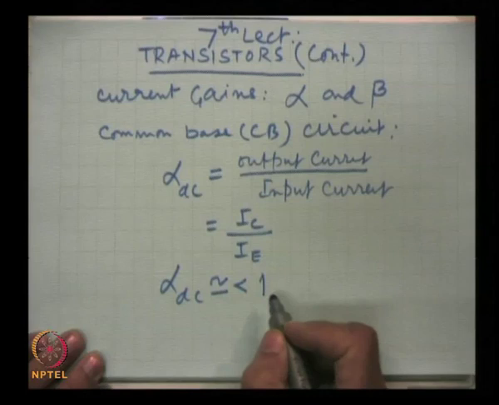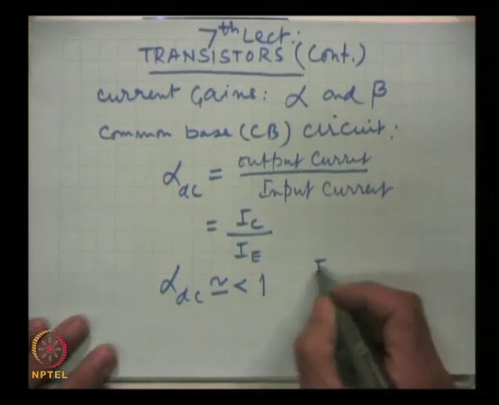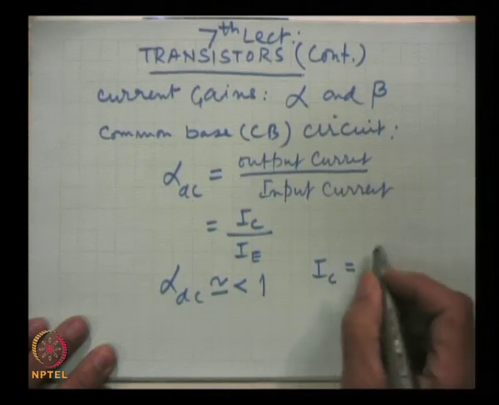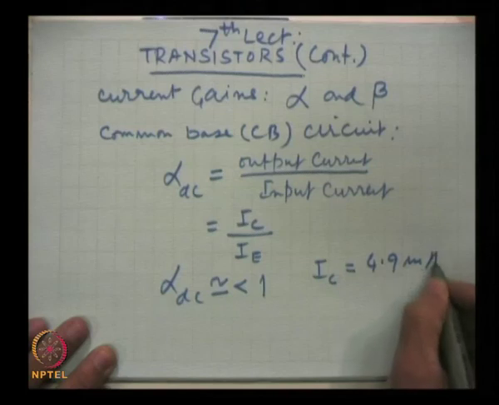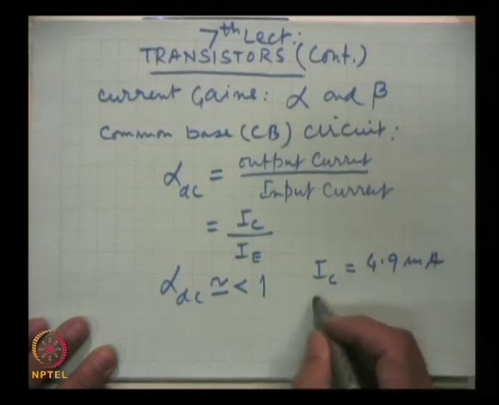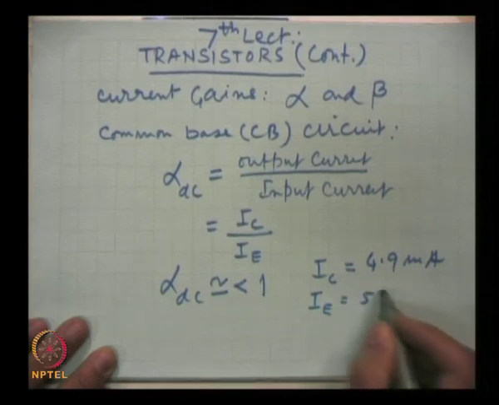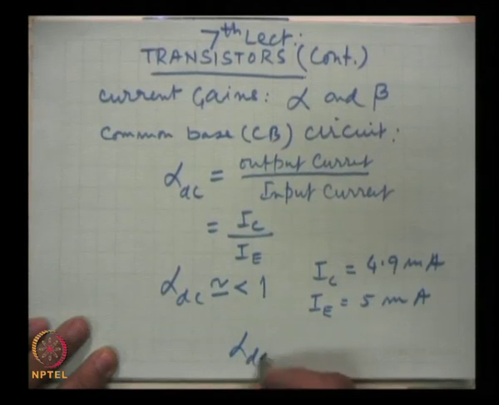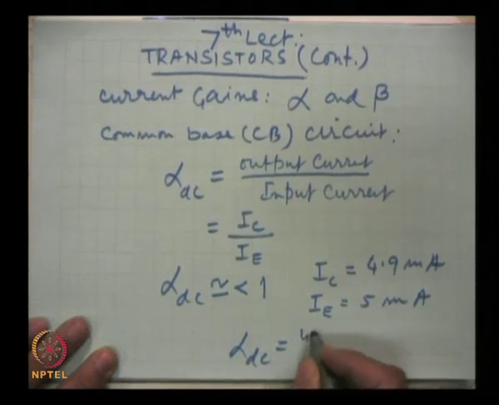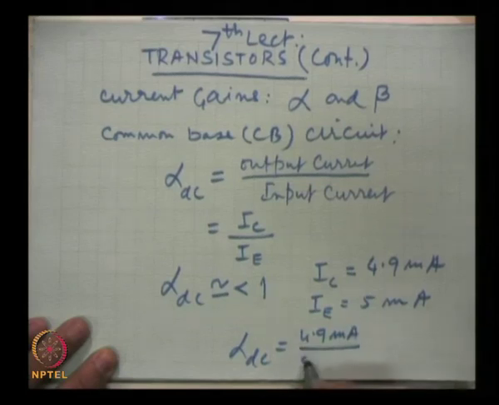And let us see as an example that if the collector current is 4.9 milliampere and this is produced by an emitter current of 5 milliampere, then alpha DC is 4.9 milliampere by 5 milliampere.